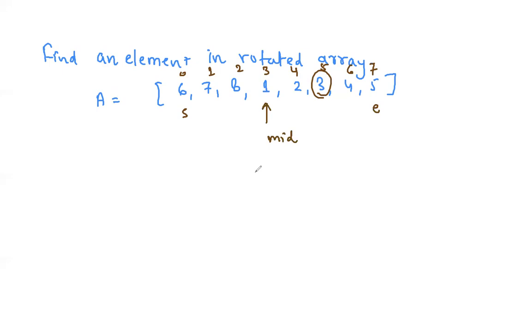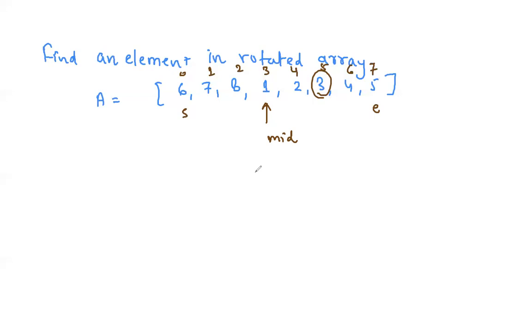Did you get my point? So what we'll do is, as I said, when you split the array, one half of it is sorted. Which one, you can always figure out by comparing a of mid to a of end. That means you found that the right hand side of the array is sorted in this example. Now you check, is the key I'm looking for, the 3, within the range of 1 to 5?